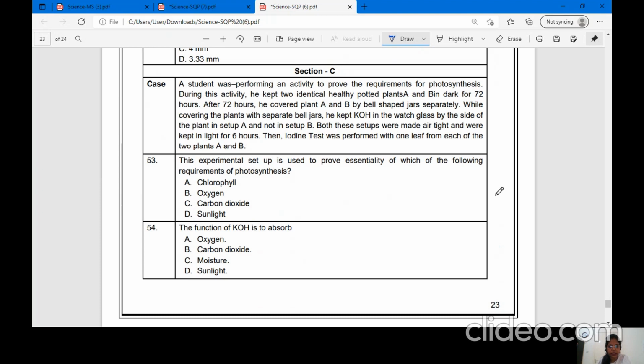Question number 53: the experimental setup is used to prove which requirement of photosynthesis? Carbon dioxide is necessary for photosynthesis. Question 54: the function of KOH is to absorb carbon dioxide, option B. So I am going to rate all these case study questions very easy.